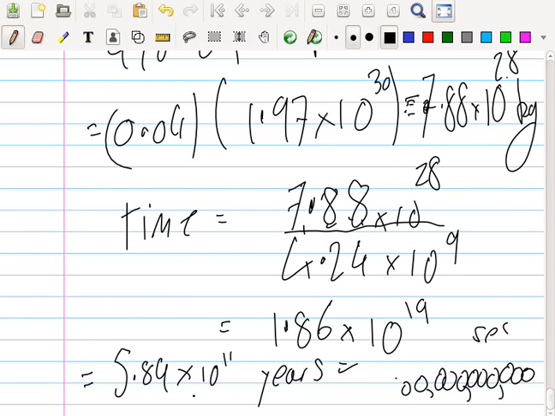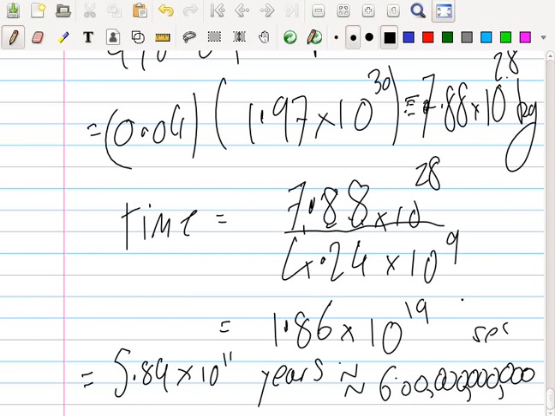So let's just say that's about 6, roughly. So that's 600 billion. No, is that right? Here's million and here's billion.